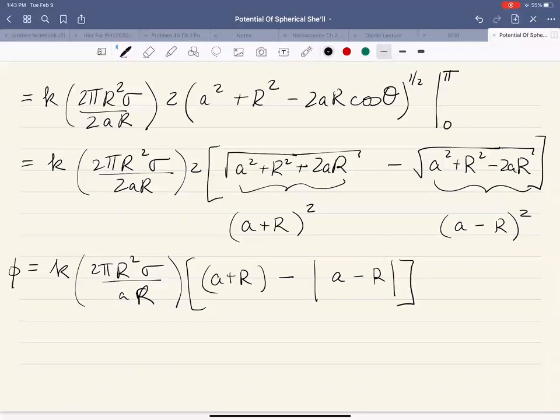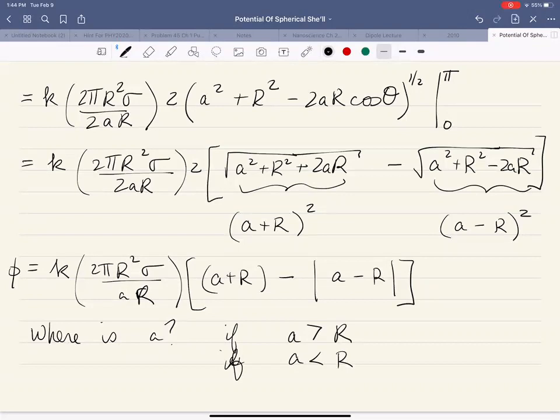Now, the value of what this is depends a little bit on exactly where the observation point is. So where is a? Okay. So if a is outside of the spherical shell, a is greater than R, then you have one set of conditions. And if a is inside the spherical shell, a is less than R, and you have another set of conditions.